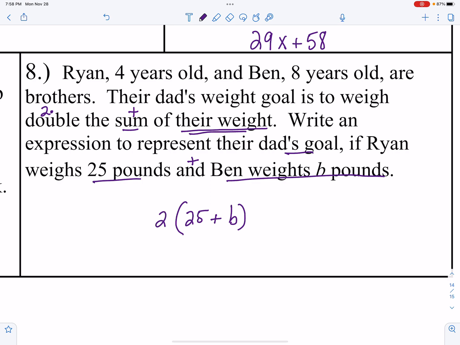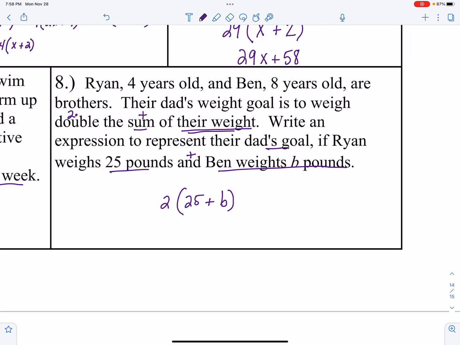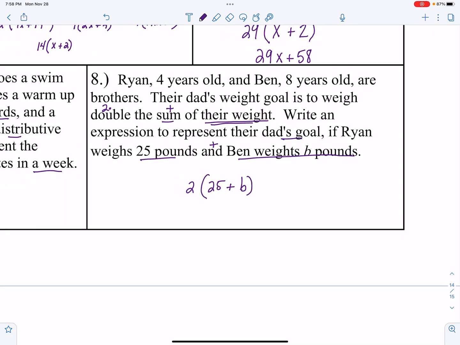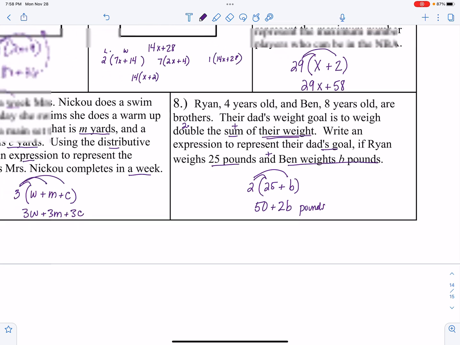Double means times 2, so I'm going to put that on the outside, and so this would represent what his goal is. Now that I have the distributive property, I can go ahead and distribute that so that it's simplified. So 2 times 25 is 50 plus the 2B. Okay, and that is how many pounds dad's goal is.